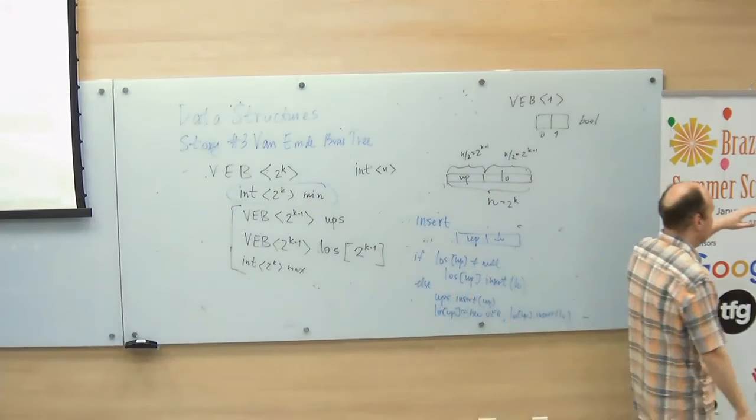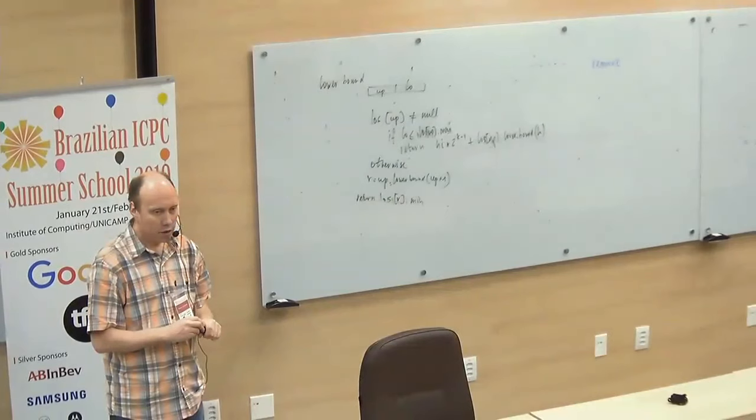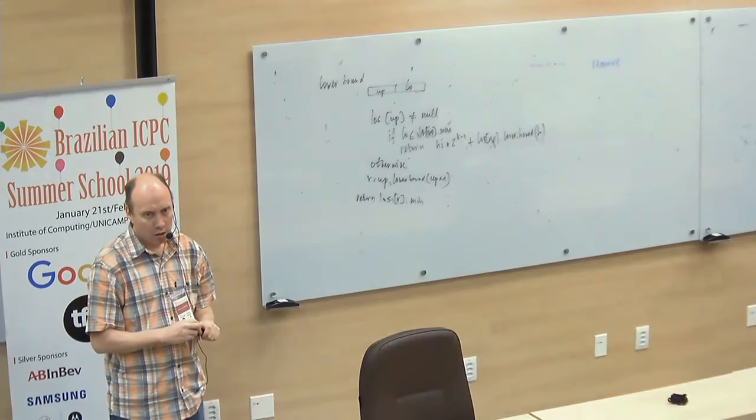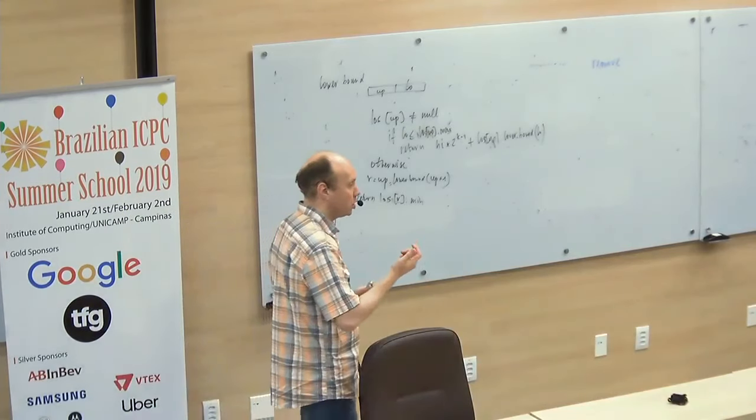In this case, it's quite weird. It allows you to save in the set of logarithm and you get logarithm of size. But in some other cases, it may turn you to logarithm instead of linear, or logarithm instead of logarithm squared or something. Yes, the question.